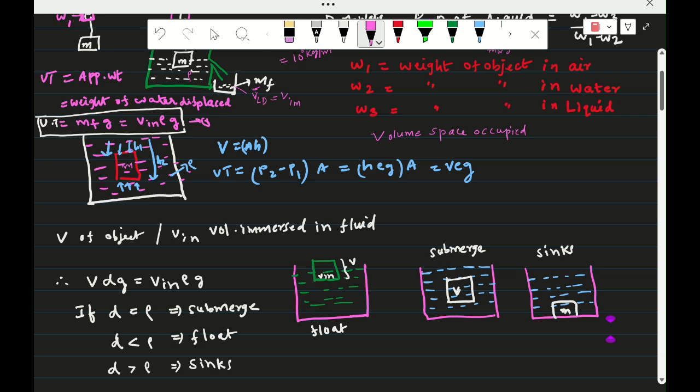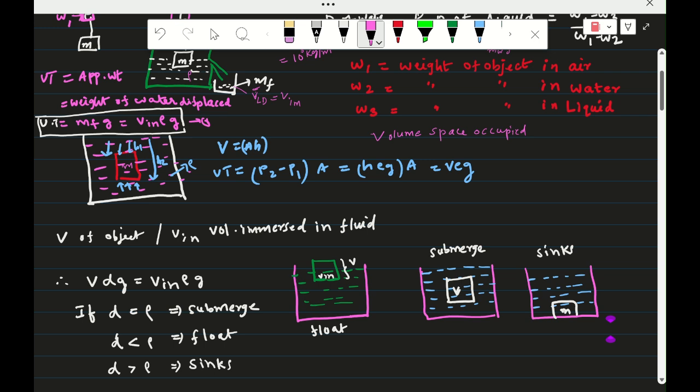So one story is there. Eureka. His king had given him one question: whoever finds the answer will get a gift, otherwise he would be hanged. Like that, in his time the king had given one question. At that time, all the scientists, Archimedes' colleagues and all, were trying. One day when he is bathing, he finds that some of the water has flown out.